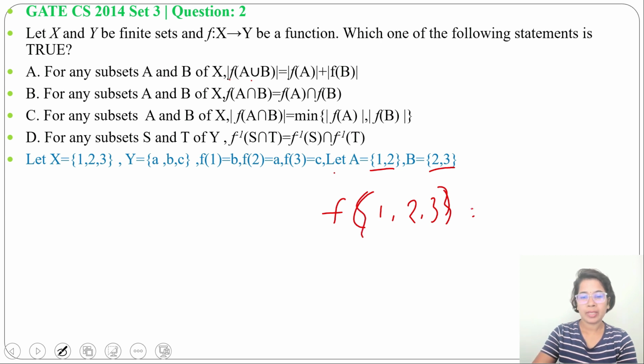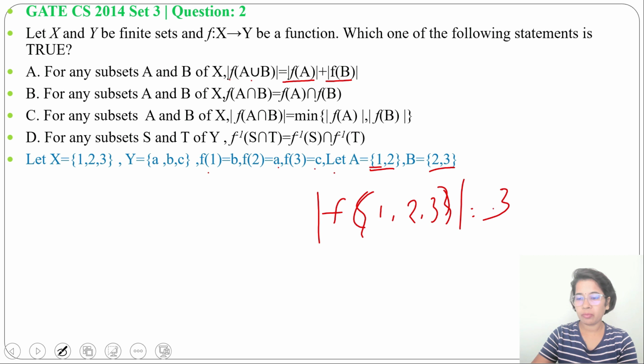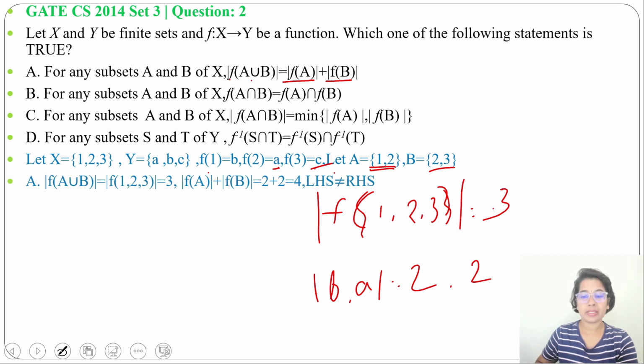That is f(1) = B, f(2) = A, f(3) = C, so the cardinality is 3. Now f(A) cardinality plus f(B) cardinality: A contains 1, 2, f(1) is B, f(2) is A, two elements, so cardinality 2. f(B) is f(2) = A and f(3) = C, so again 2. 2 plus 2 is 4.